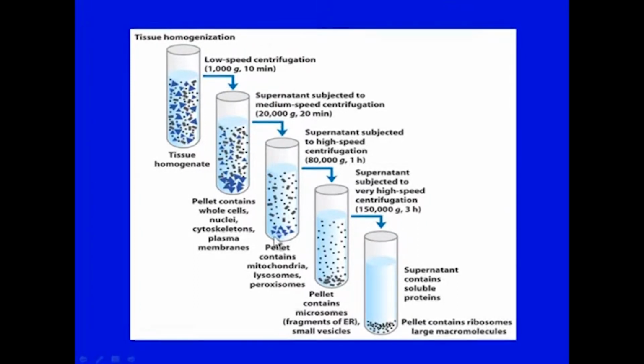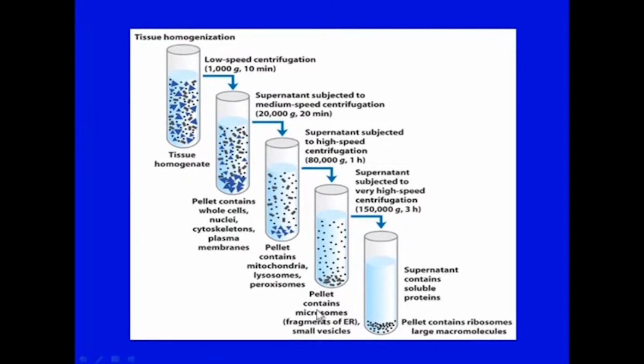It will pellet other subcellular organelles like mitochondria, lysosomes or peroxisomes. So, next bigger, like this was the largest one and then medium sized particles are being pelleted here.